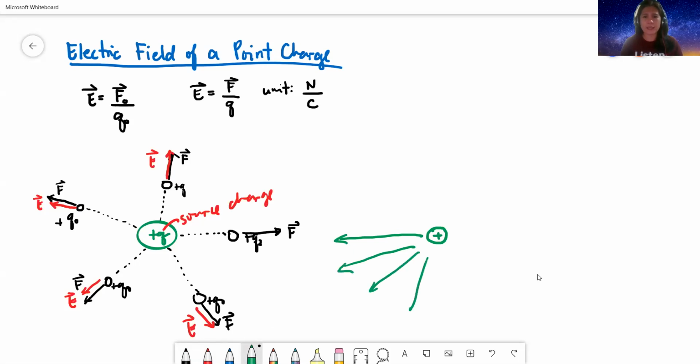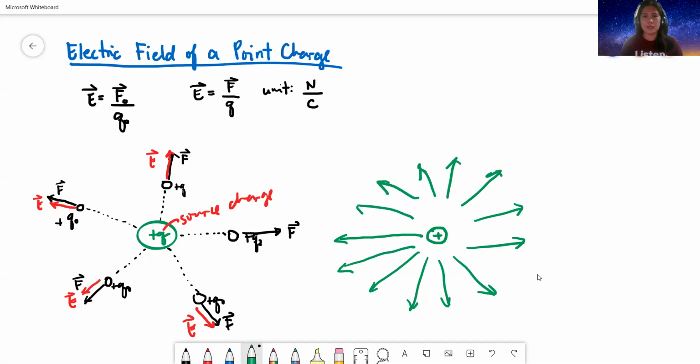It's away from the source. These arrows that I'm drawing are what we call the field lines. They are visual representations of where the electric field is directed. But in reality, you cannot see field lines because these are vectors that cannot be seen, but the effects can be seen and can be felt. So this is now the direction of the electric field.